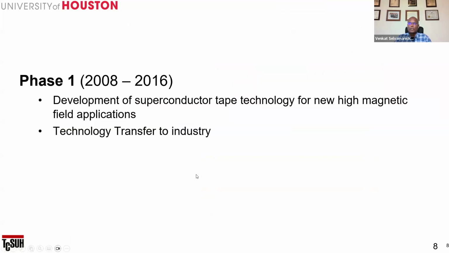Next, once I moved to the University of Houston in 2008, we really expanded the portfolio of applications beyond power applications to high magnetic field applications, and transferred the know-how to industry.